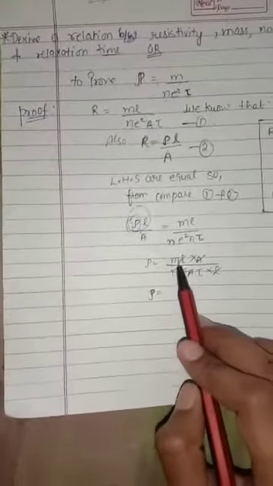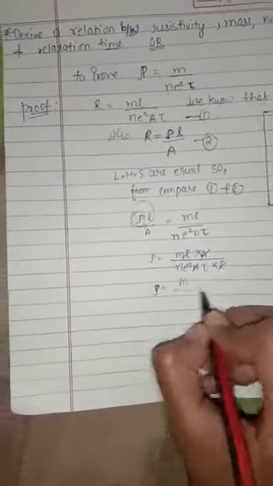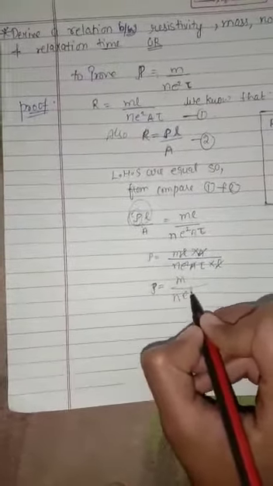So L and L cancel out, and A and A cancel out. The formula becomes rho equals m upon n e square tau.